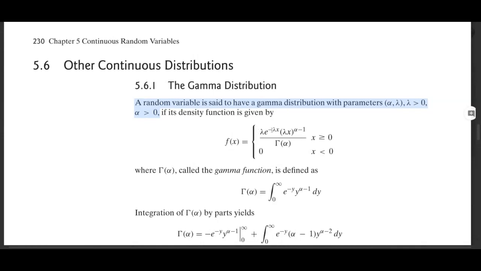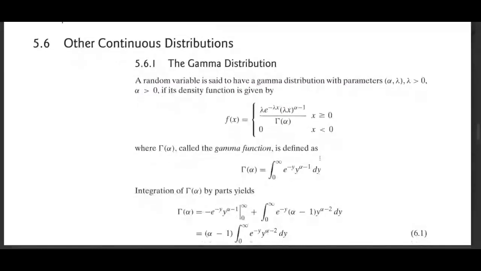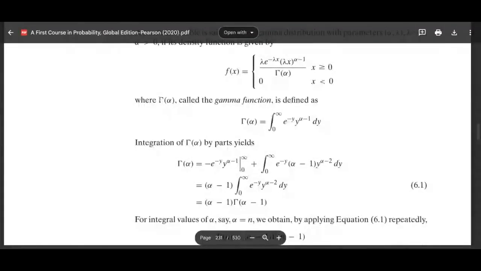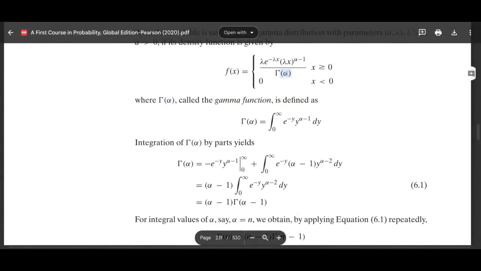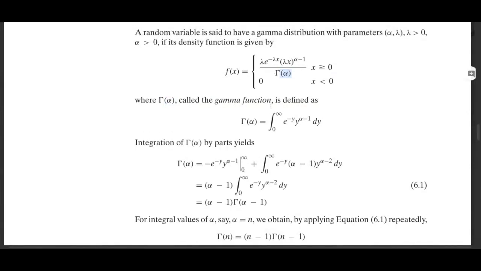lambda e to the negative lambda x. So we see this part is exponential, and then multiplied by (lambda x) raised to the power alpha minus 1, if x is non-negative, and it'll be 0 if x is negative. So this gamma of alpha is called the gamma function, and the density is divided by gamma of alpha.